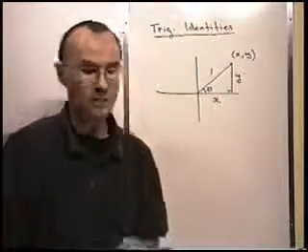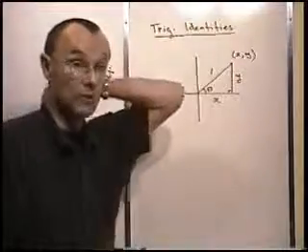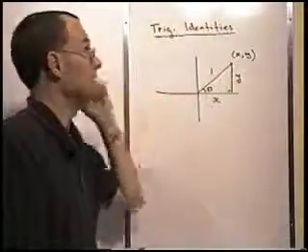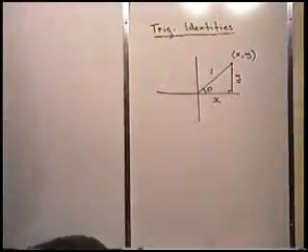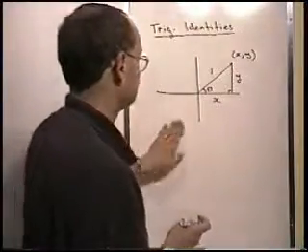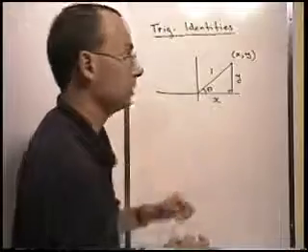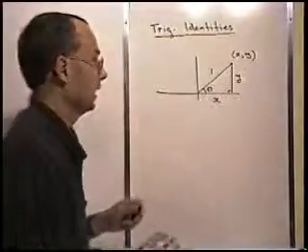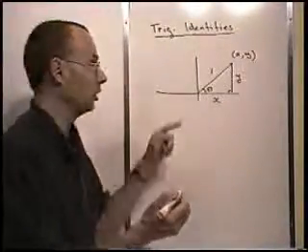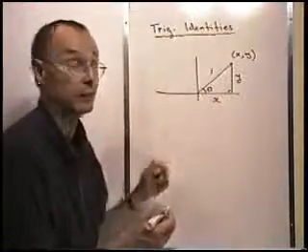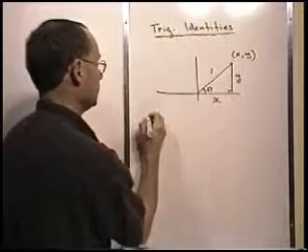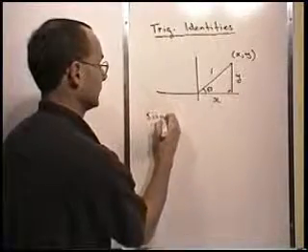Now, based on this sketch, I'm going to develop what we will be calling some of the trig identities. The first ones that I'm going to develop are actually pretty interesting ones. They're going to be based on the following trig functions that we just get from the triangle itself, and I'm just going to list those here.